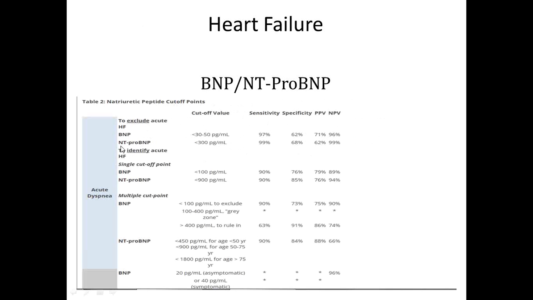And then for the NT-proBNP, again, if it's less than 300 picograms, negative predictive value is 99%. It's a sensitivity of 99%. So if it's negative, it's good. If it's high, then you have to put the whole picture together.